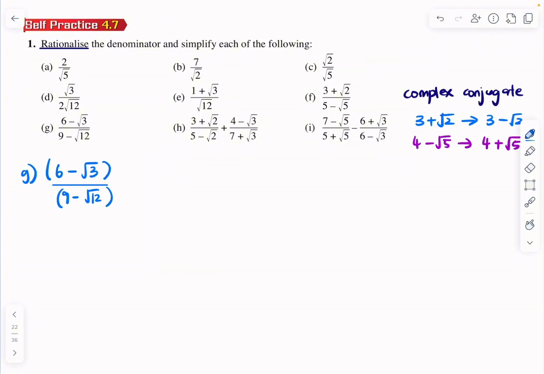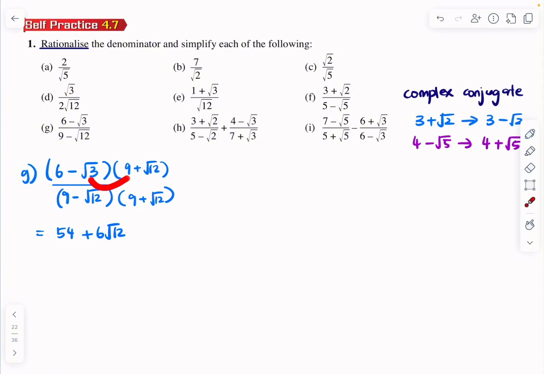So we multiply with the complex conjugate of the denominator, so 9 minus √12, 9 plus √12. Then we expand. So 6 times 9 is 54. 6 times √12 is 6√12.